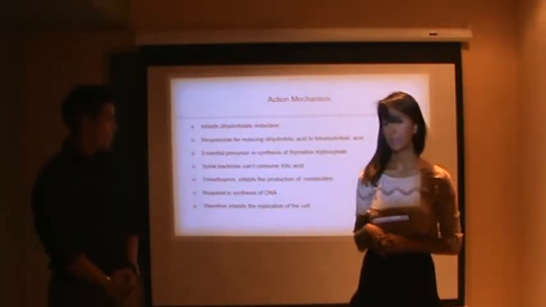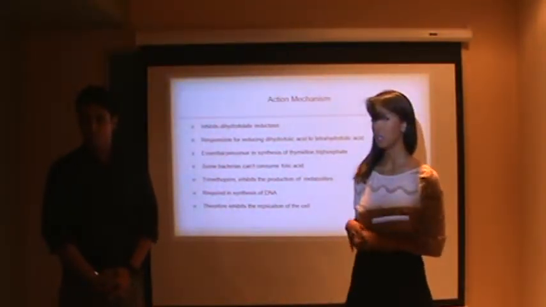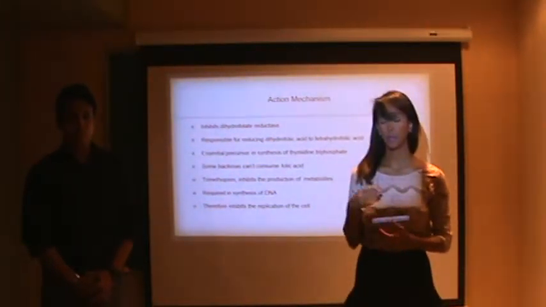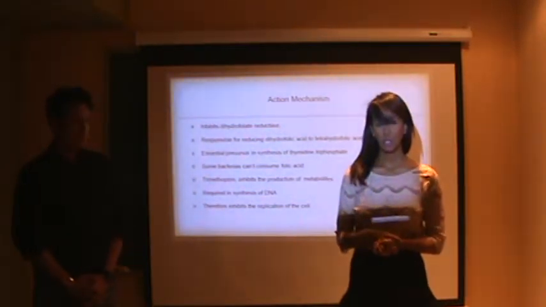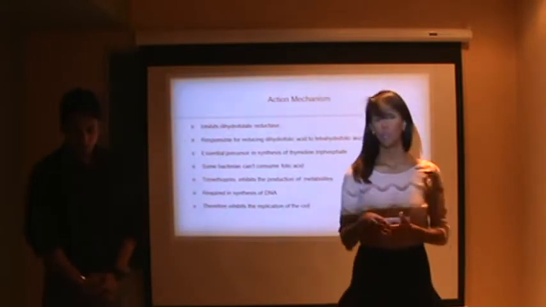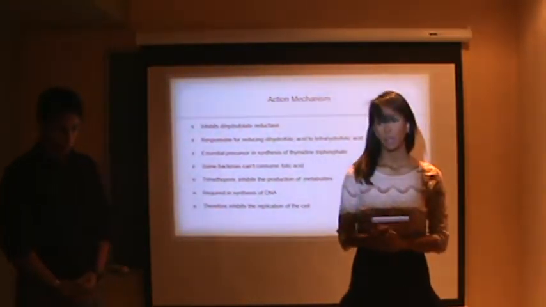The action and mechanism. Trimethoprim inhibits the dihydrofolate reductase, which is responsible for reducing dihydrofolic acid to tetrahydrofolic acid. This is the essential precursor in the synthesis for replication of the cell.